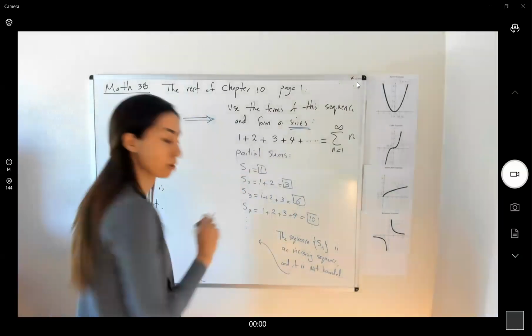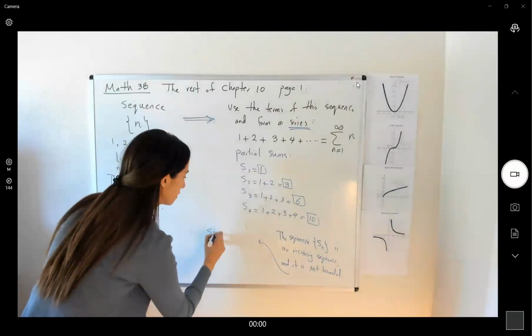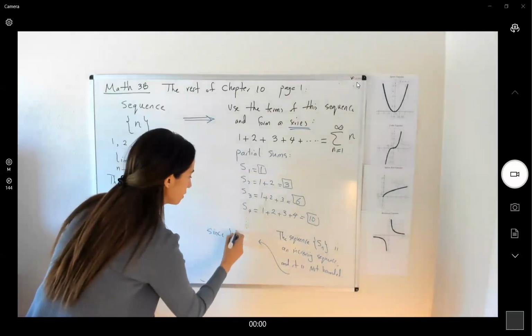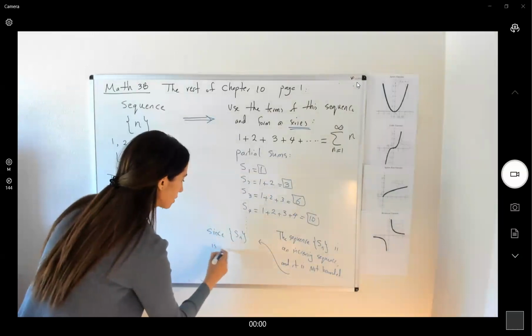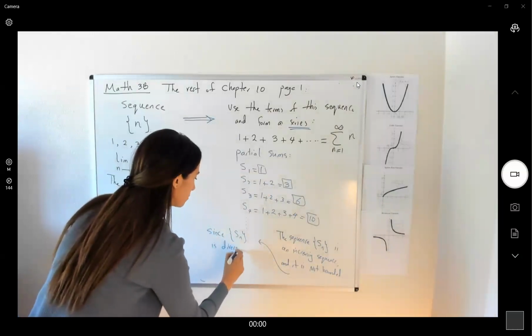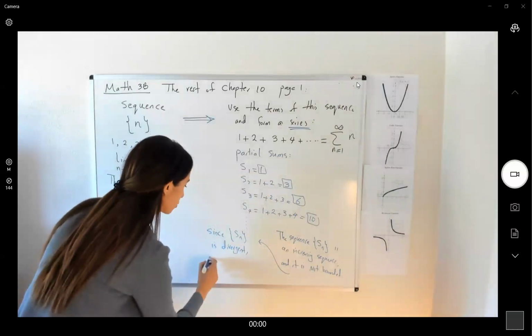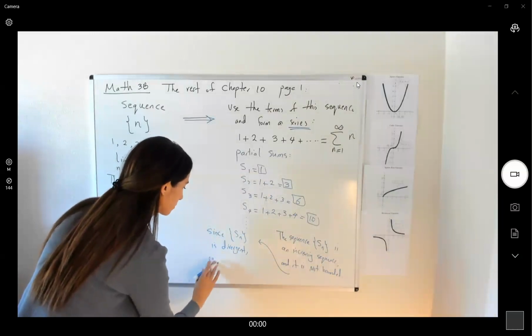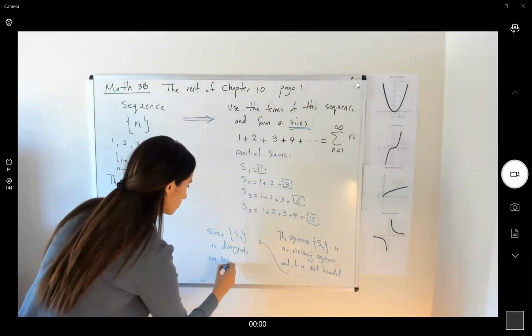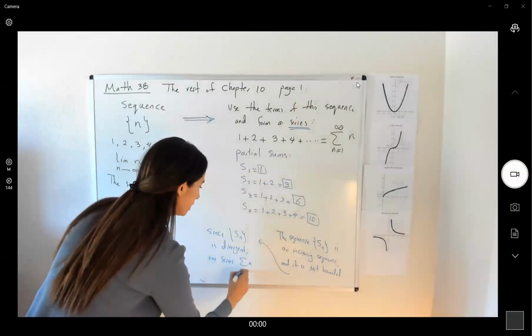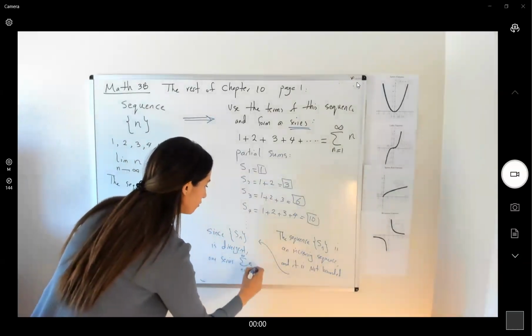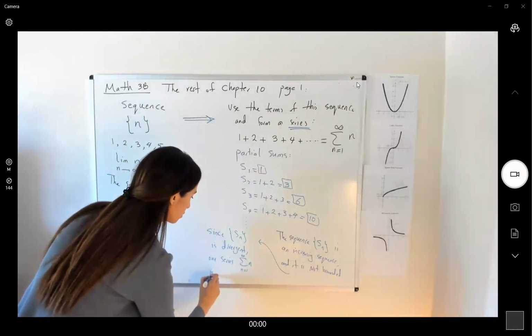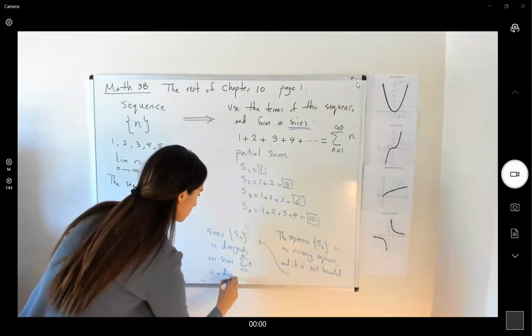So, conclusion: since S sub n, this sequence, is divergent, our series, the sum of n starting from 1 to infinity, is a divergent series.